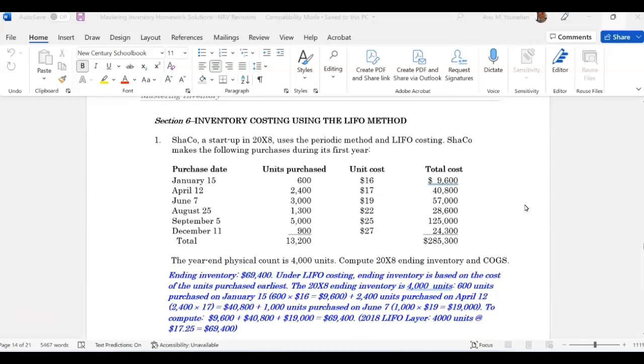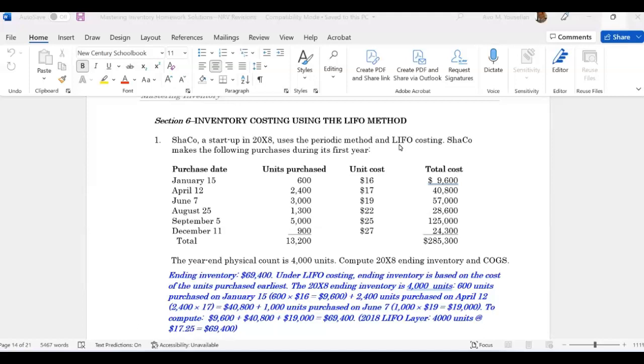So in section 6, the first question says the company, it's a startup company in 2018 using the periodic method and LIFO costing. So section 6 is focusing on the LIFO, which is last in, first out. That means the last layer of purchase that you did, that inventory is going to be sold first.